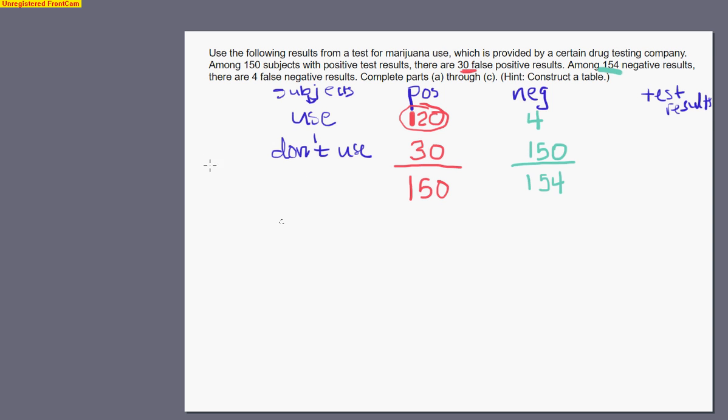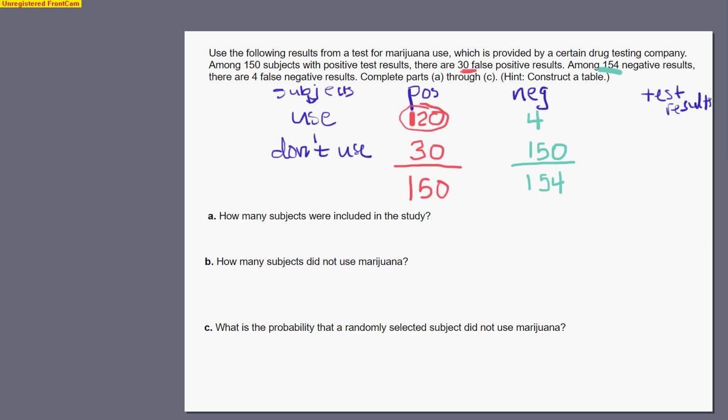So there, we've just created our own table with the information that's provided, and you want to take time to do that. Now that we've made our table, let's go ahead and try to answer some of these questions that they're asking us. How many subjects were included in the study? Well, we have already figured out 2 numbers here, so we might as well add them up.